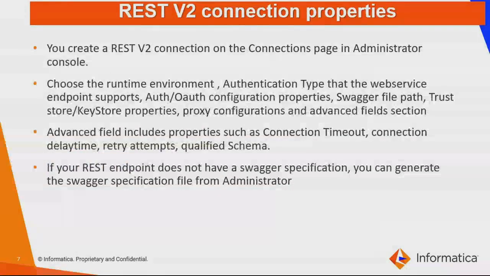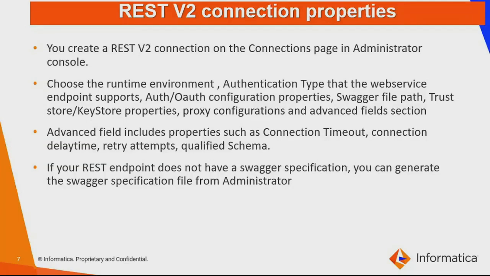REST V2 connection properties. To create a REST V2 connection, you'll need to log into your IICS org, navigate to the administrator console, go to the connections page, and select the type as REST V2. Here, you'll need to choose the runtime environment, which is basically the secure agent using which you want the REST V2 connection to be established.